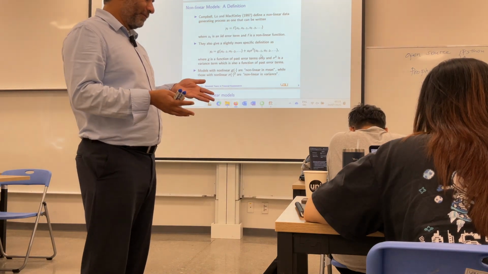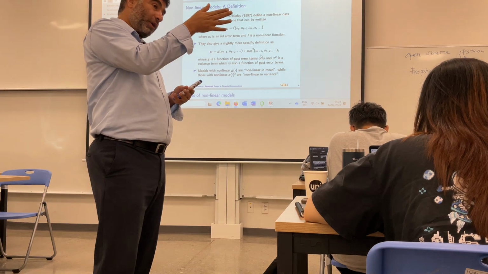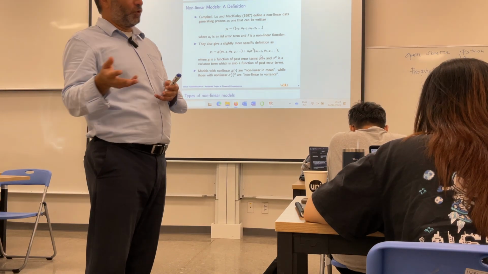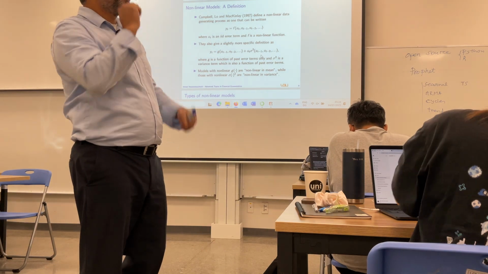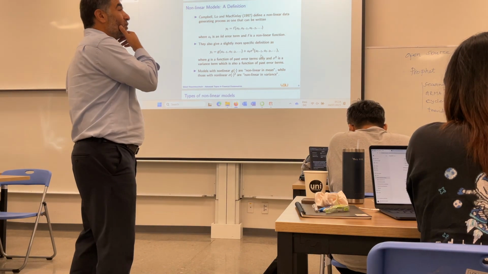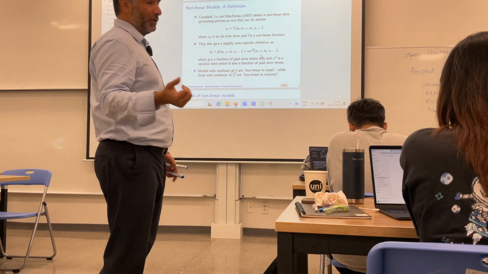For example, normally distributed random variables have a mean mu, that's the location, and then you have a scale which is sigma. So these scale and location parameters have a long history in statistics.